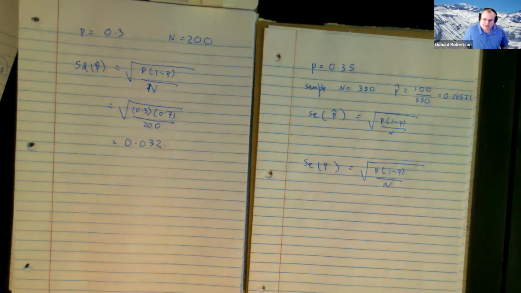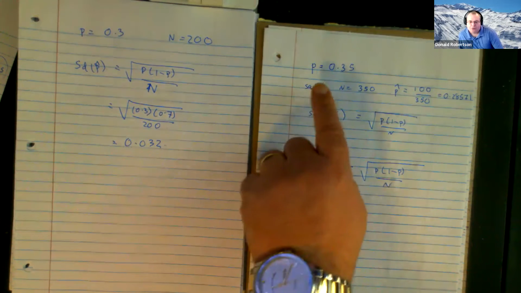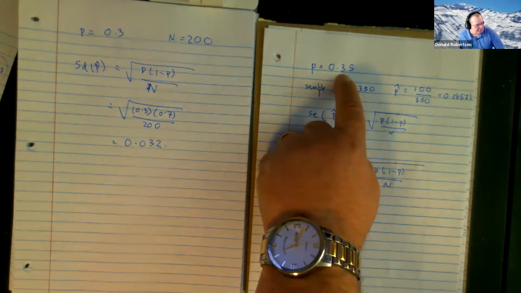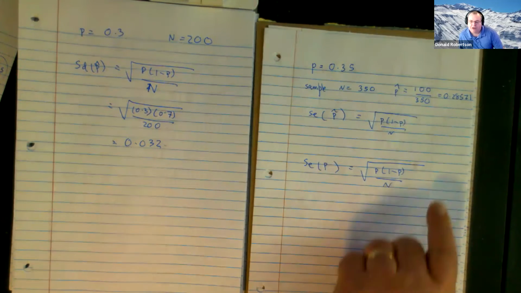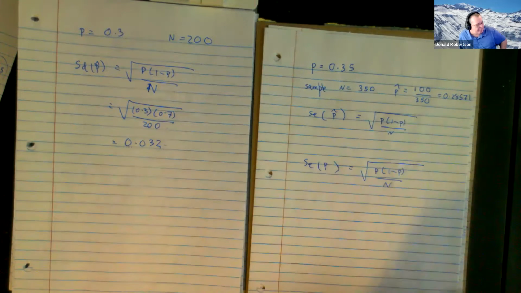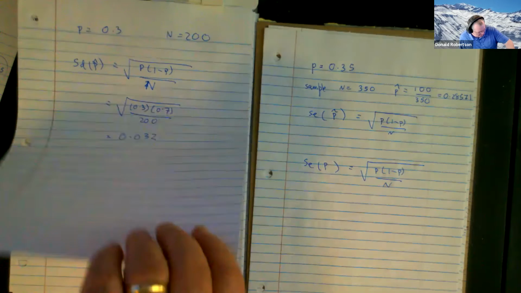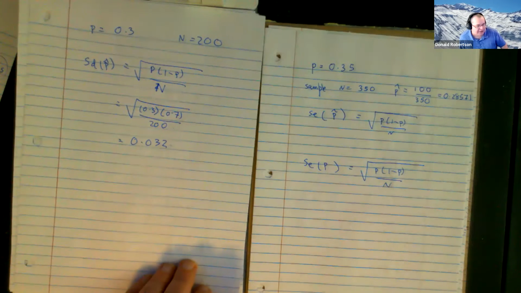Now, which one of these 2 do I use 0.35, the P? And which one of these 2 do I use that ugly decimal P hat? It is under here.